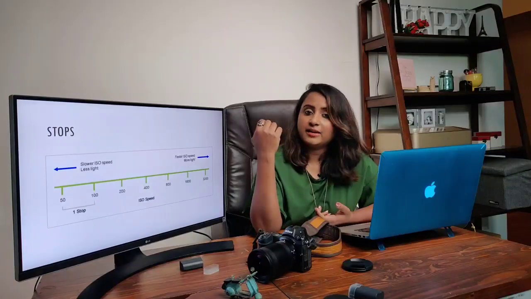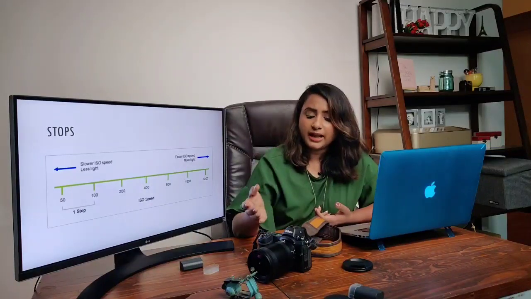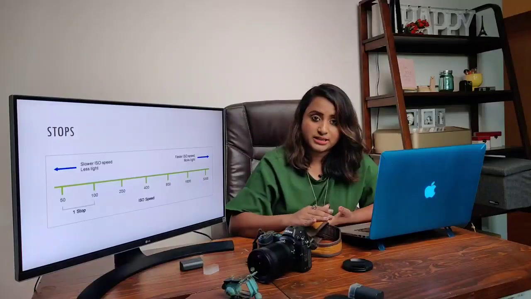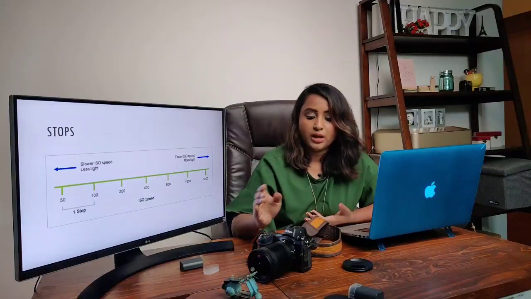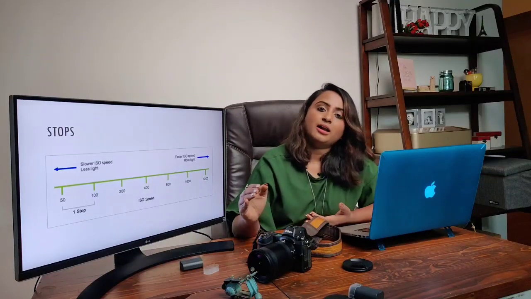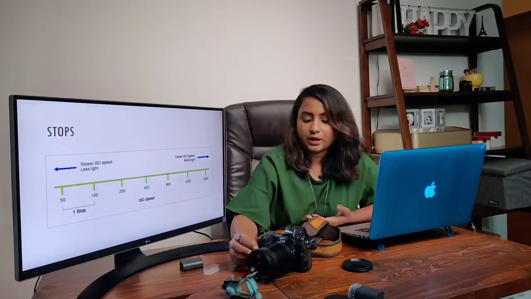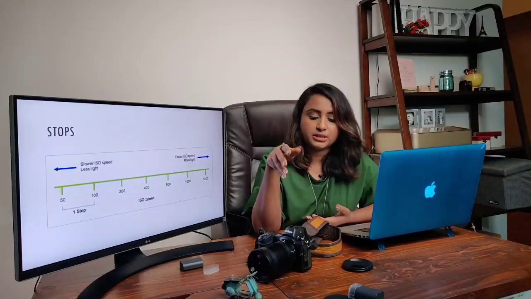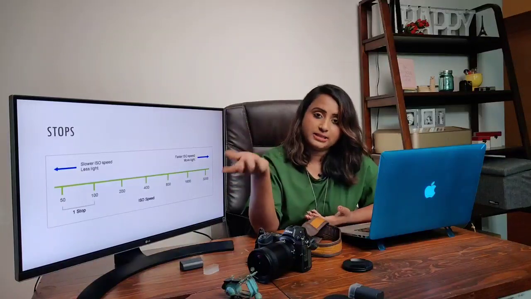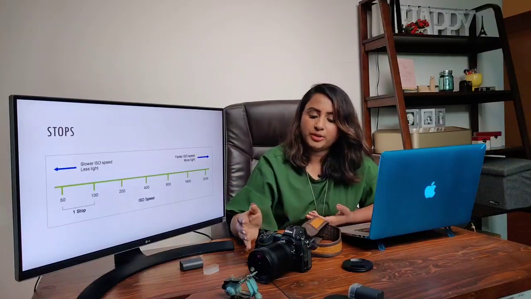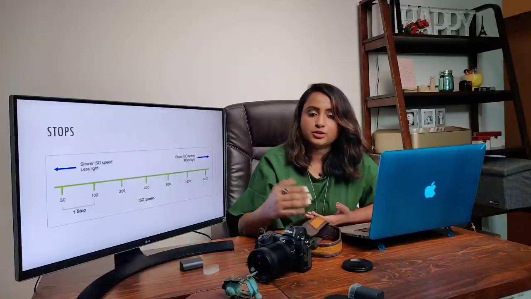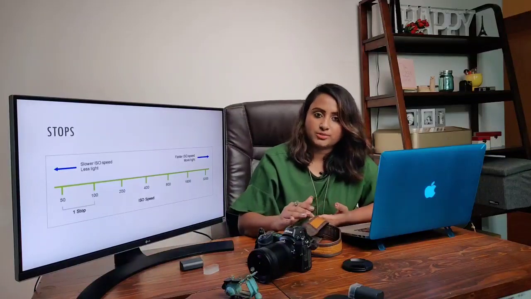So the light entering your sensor is really low, and you have to compensate in some other way. Either you can make your aperture wide open, as in set it to a really low f number, whatever the lowest that your lens allows, and then you will be able to bring in more light instead of using a slower shutter speed.